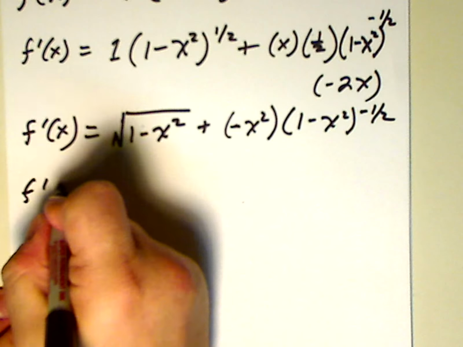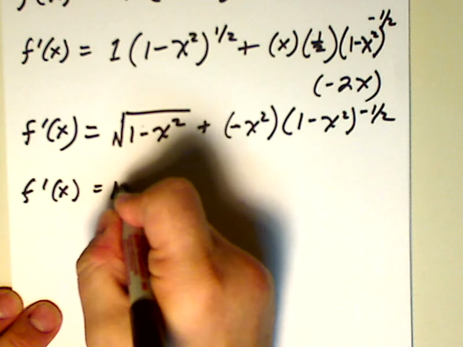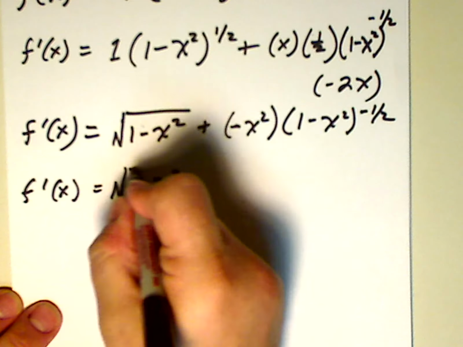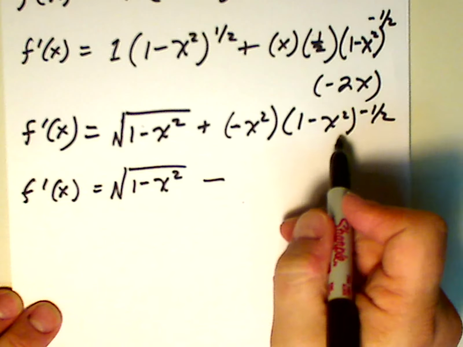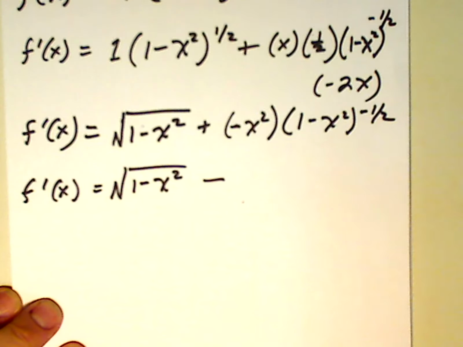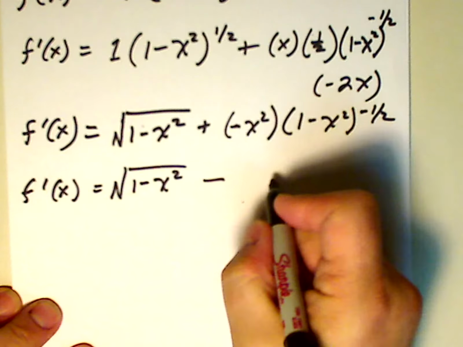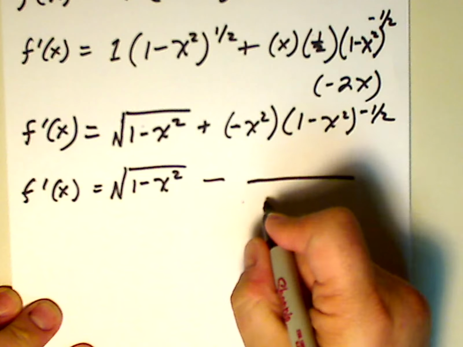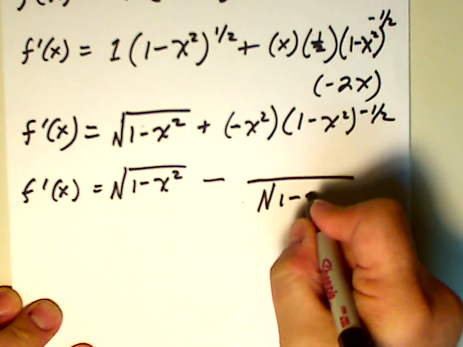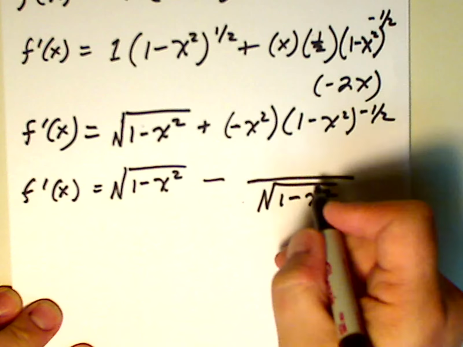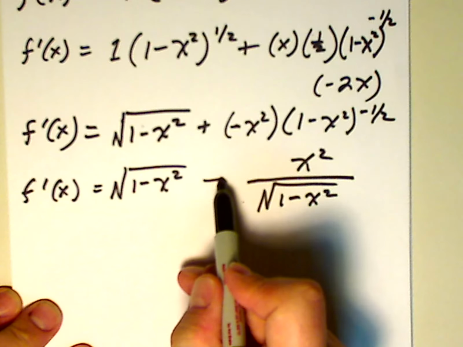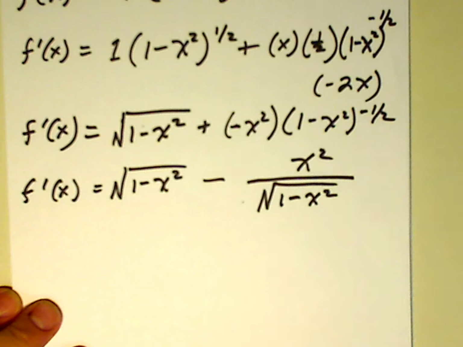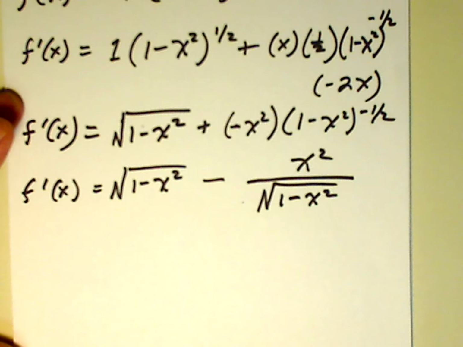F prime of x, the derivative, is equal to the square root of 1 minus x squared minus, and then let's kick this term with the negative exponent into the denominator. So we get minus the square root of 1 minus x squared, and we have x squared, right? I took the minus sign, I put it here, and I just stuck x squared up into here.